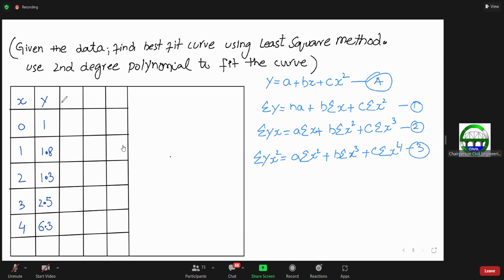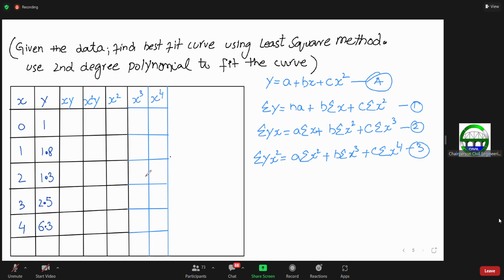The next column will be xy, then x squared y, and x squared. Let me draw more lines. Okay. So finally we have x cubed and x4, right?